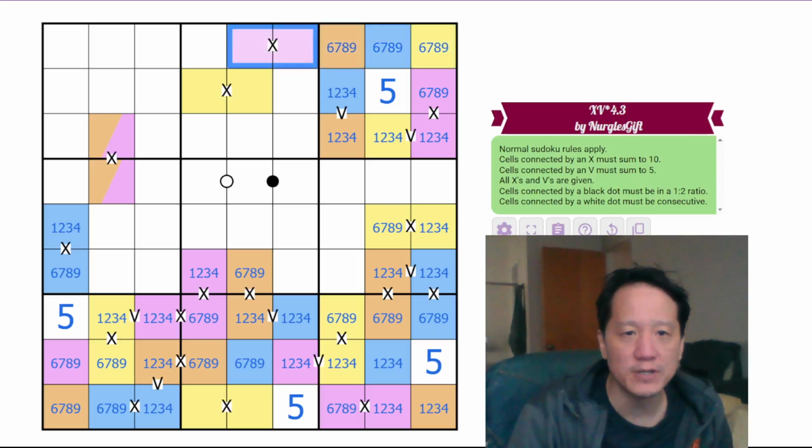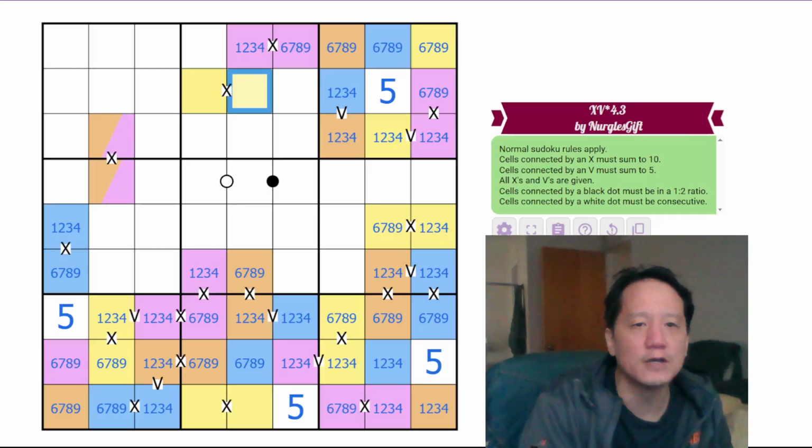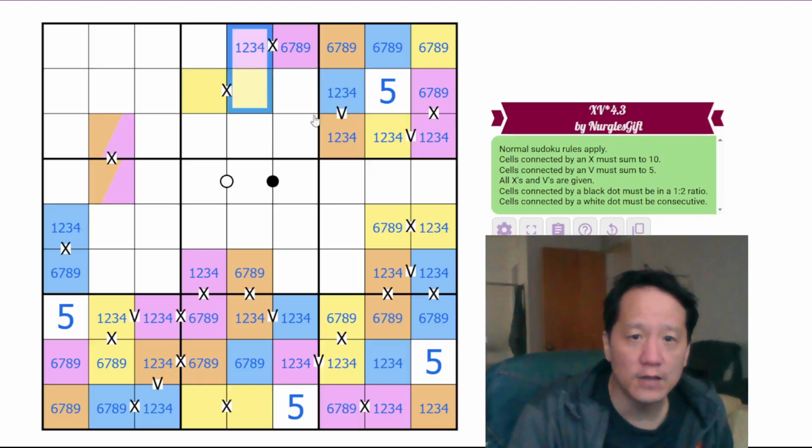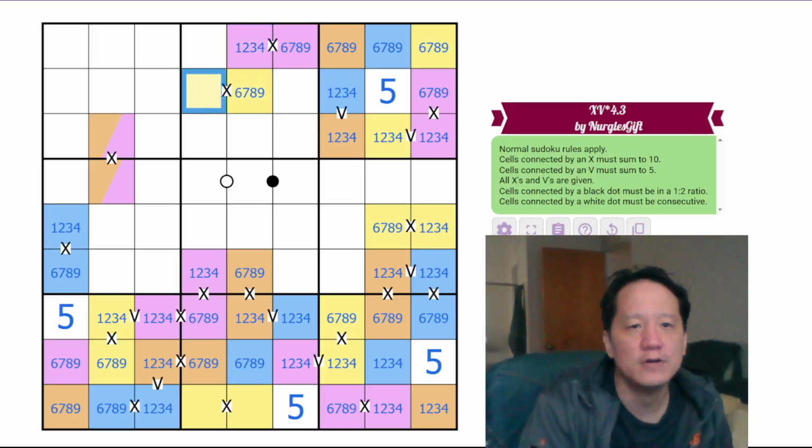So this must be pink. And this can't be low pink because of low pink in the column. So this is high pink. This is low pink. Low pink and low yellow add up to 5, but there's no V between these two. So this must be the high yellow. This is low yellow, which makes this low yellow and this high yellow here.